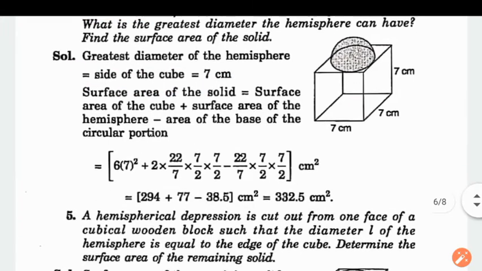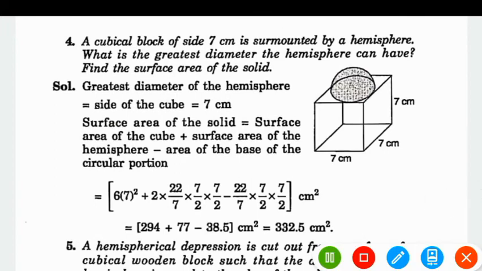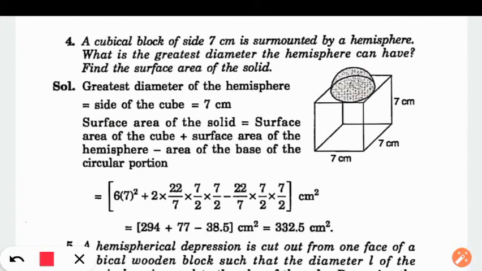Next point. Find the surface area of the solid. So here we are required to find the surface area as well. If you see this full figure from the front view, it will look like this. But one thing is there.